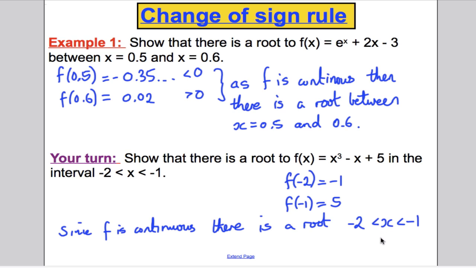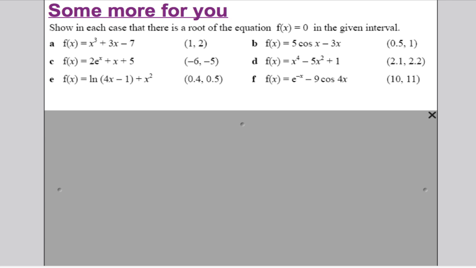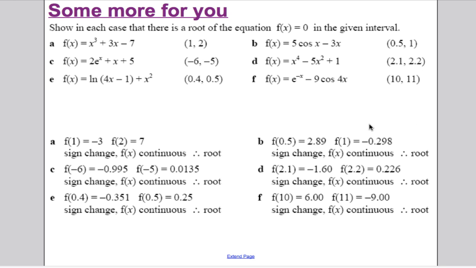Okay, there's another few for you to do on the next slide. Pause the video, and in 10 seconds I'll show you the answers. Here we go. And the answers to the following 6 are as follows.